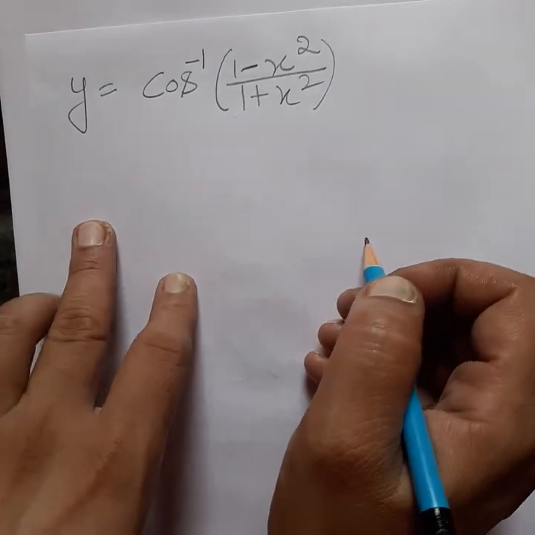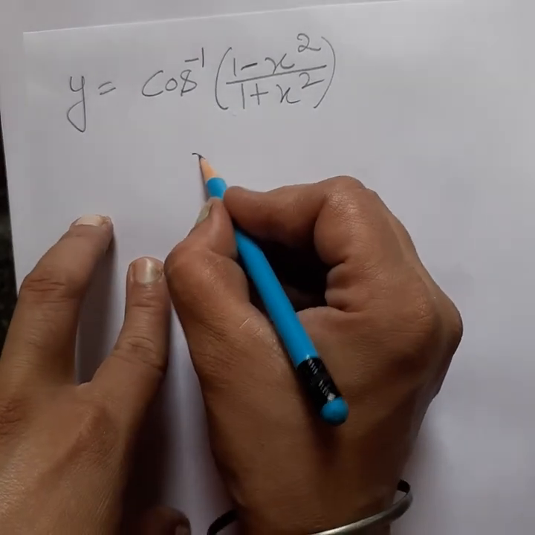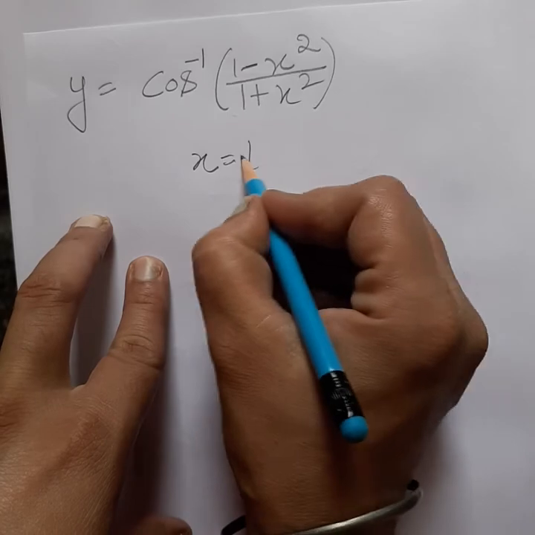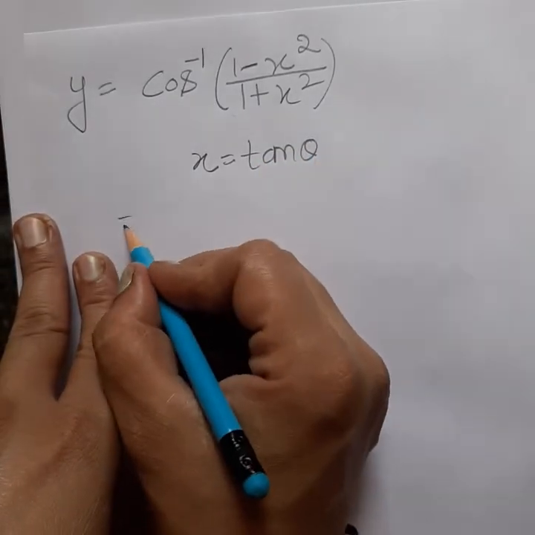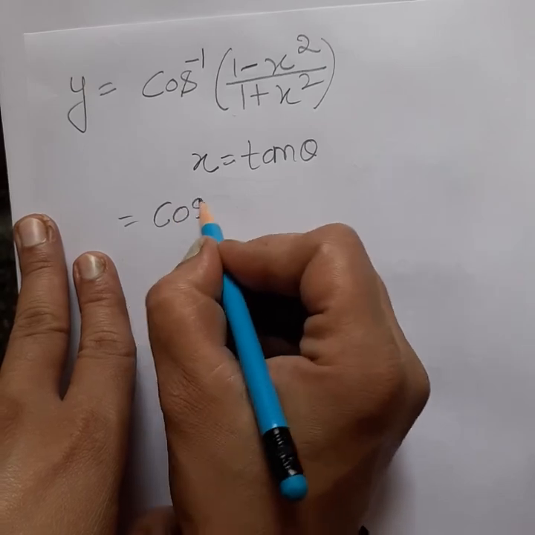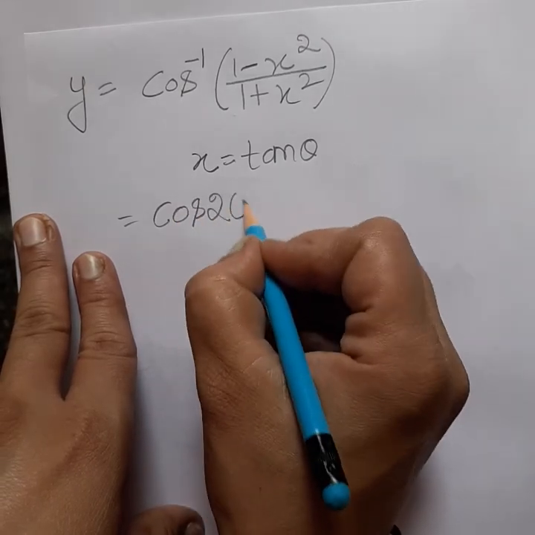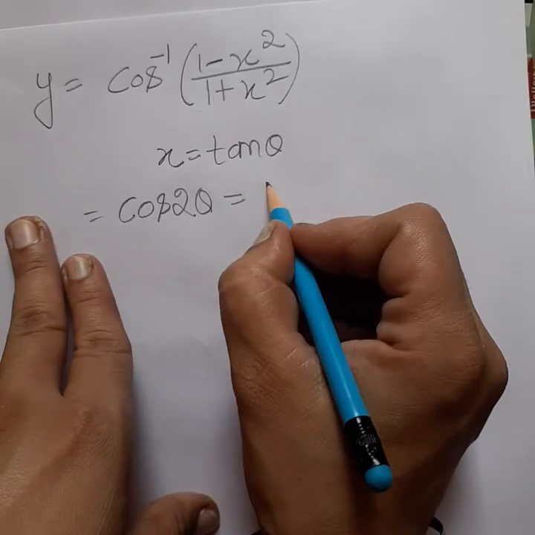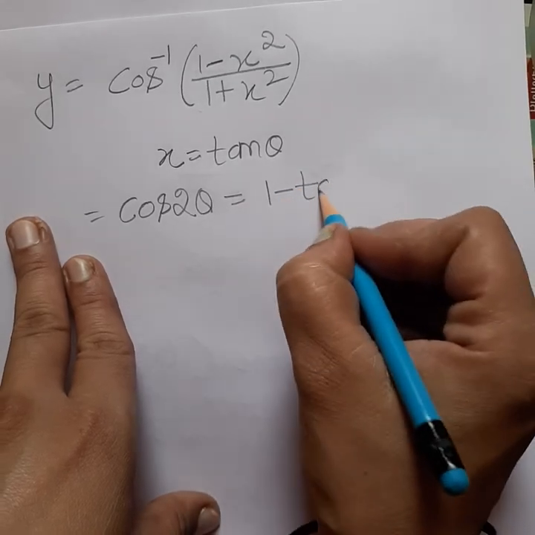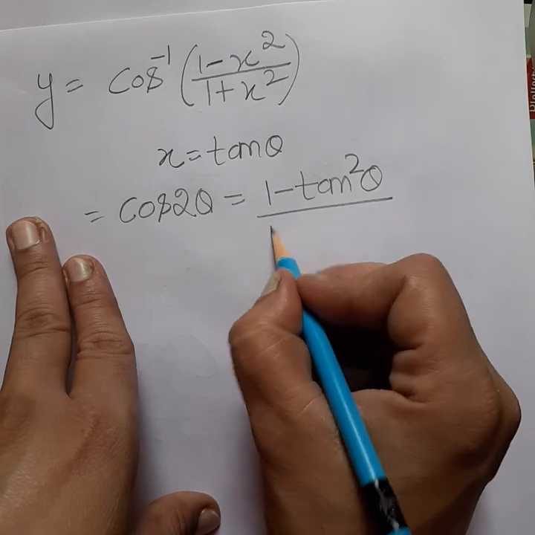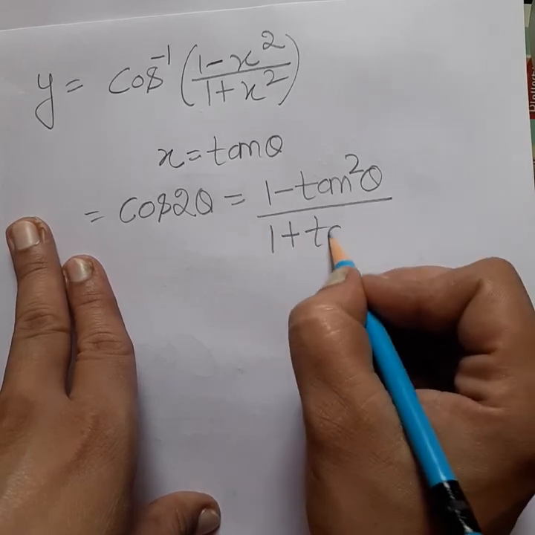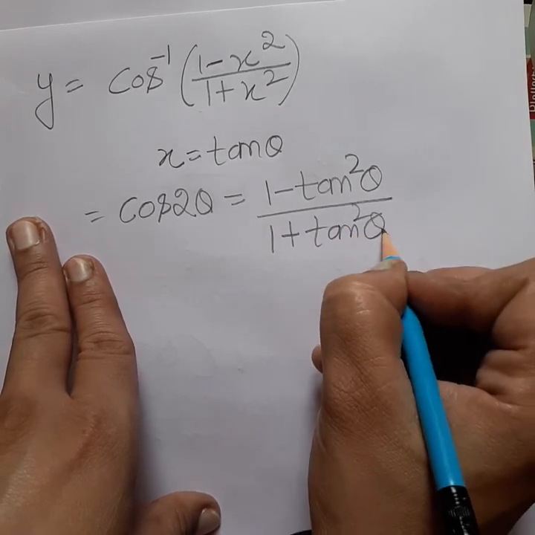Now you have to write here x is equal to tan theta. Why we put this? Because all of us know that the formula of cos 2 theta is equal to 1 minus tan square theta upon 1 plus tan square theta.